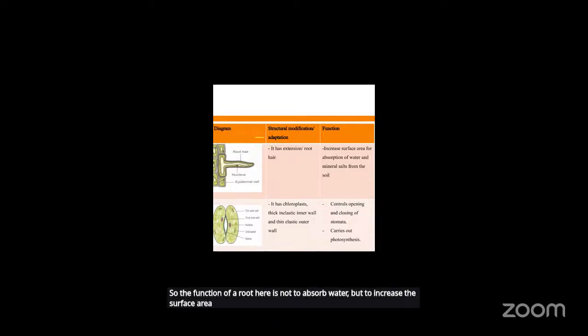What we mean is it is not the function of a root hair cell to absorb water. It is the function of the root to absorb water. However, the root has extension which will increase surface area for water absorption and mineral salts. So the function of a root hair is not to absorb water but to increase the surface area for absorption. Okay, I hope you've gotten that.